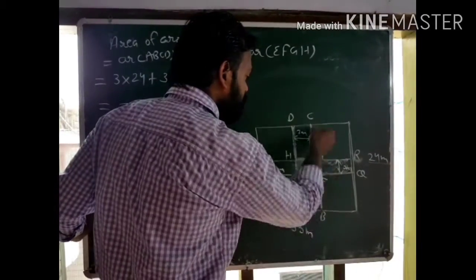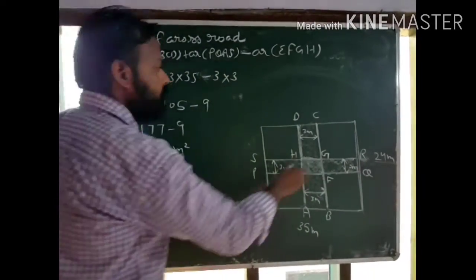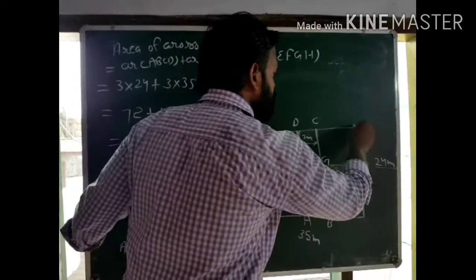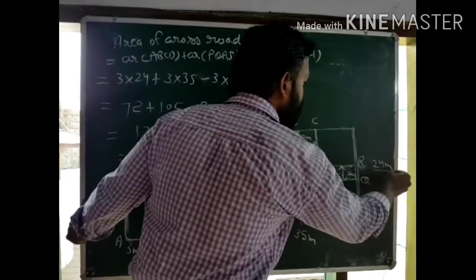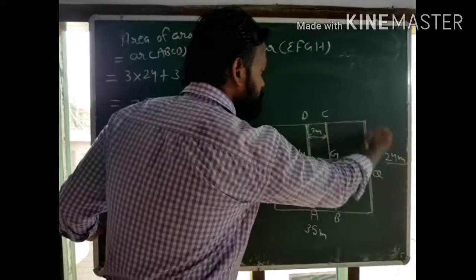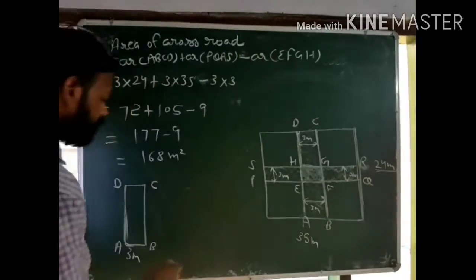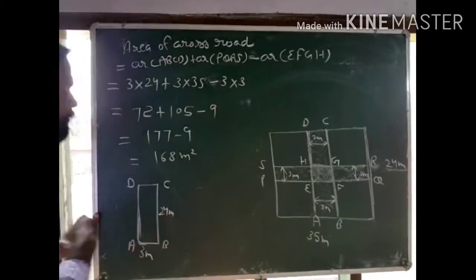What is the breadth of this rectangle ABCD? This side is 24 meters, given to us. This BC is parallel to that side, and that is why the value of BC is also 24 meters.